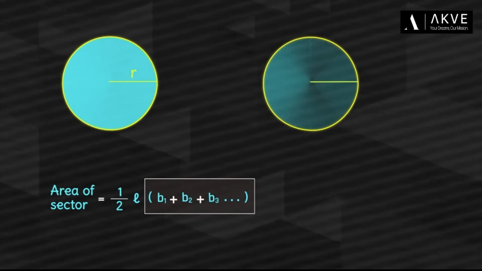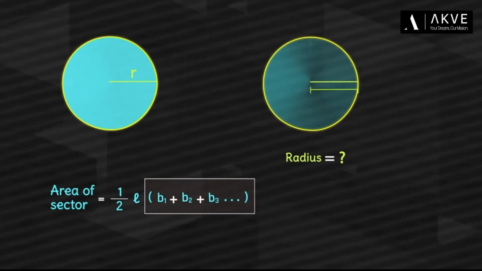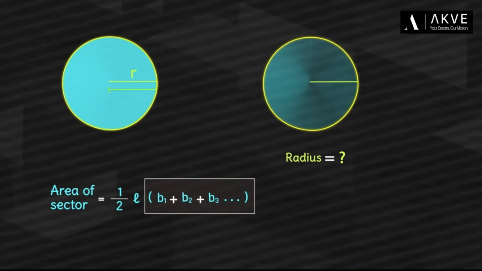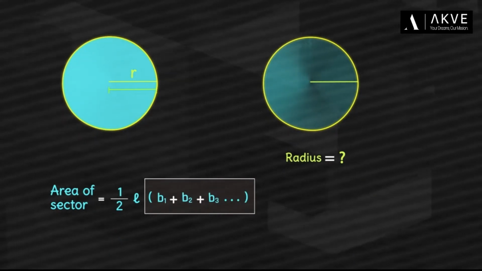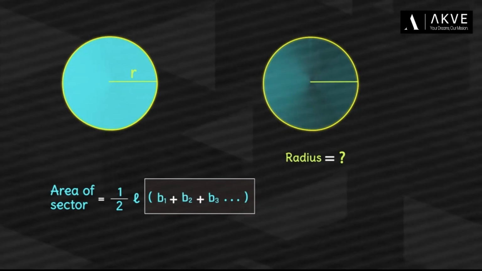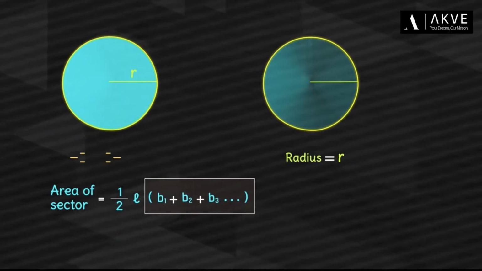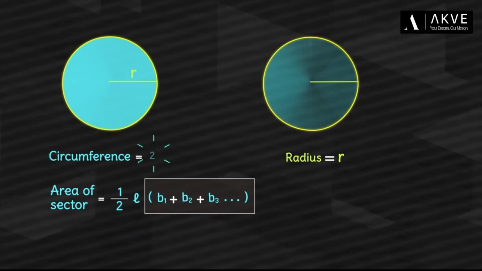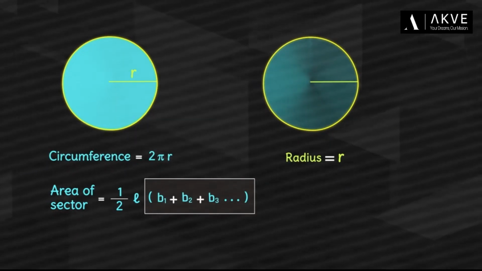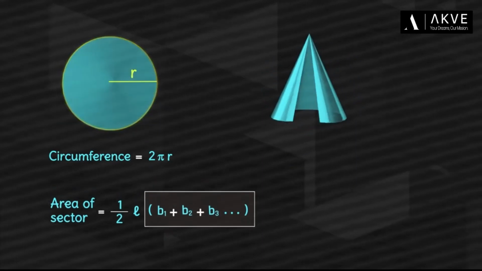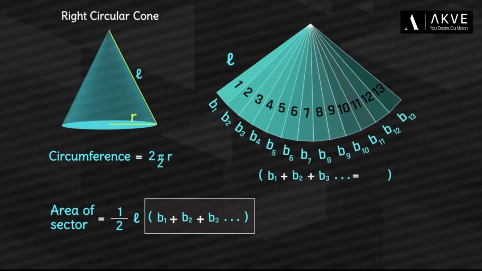Now, it's evident that the radius of this circle would be the same as that of the circular base. So, if the radius of the circular base is taken as r, then that of this circle would also be r. So, its circumference would be 2 pi r. So, summarizing, the sum of all the bases would be 2 pi r.